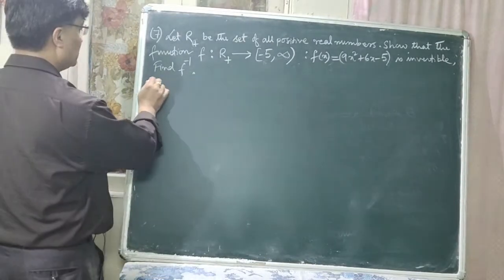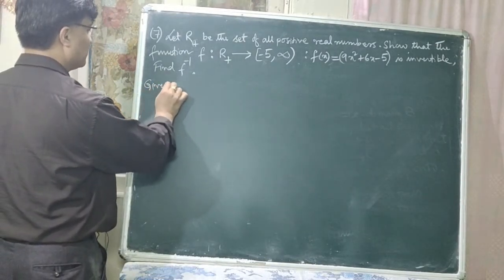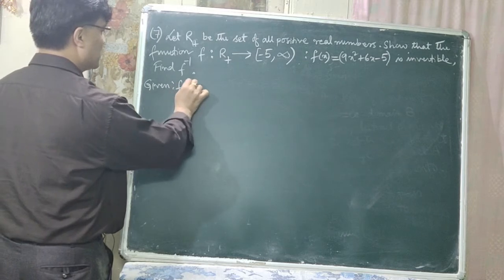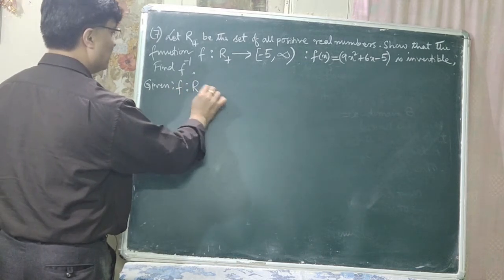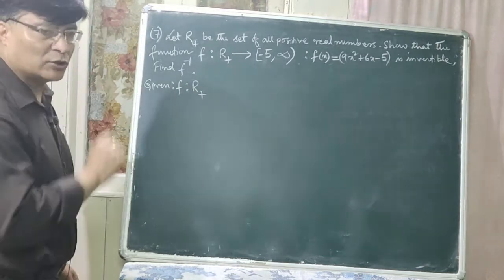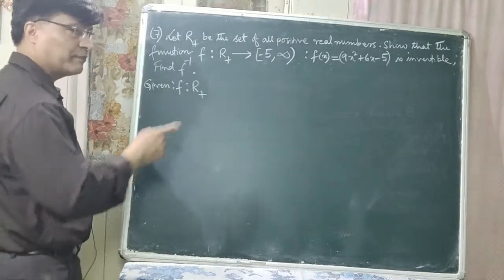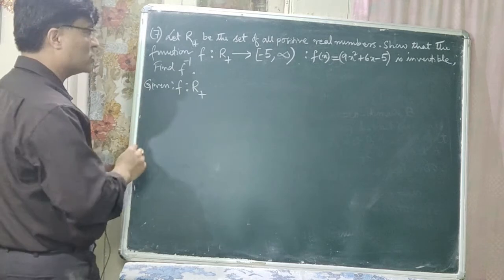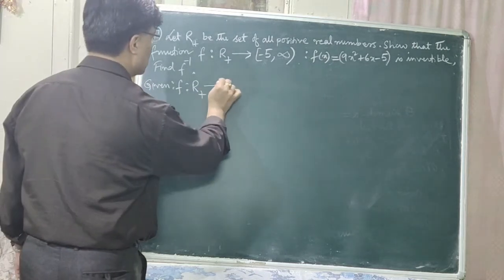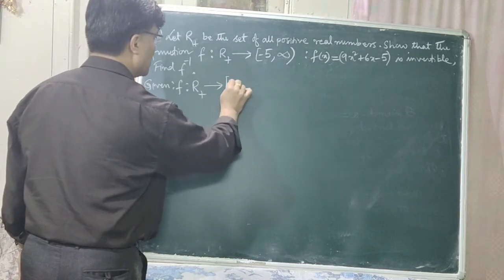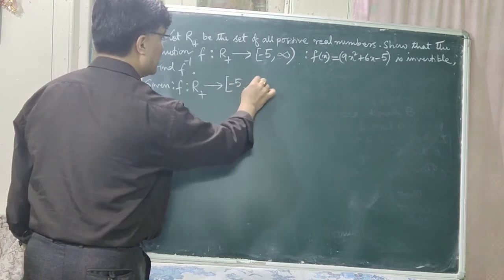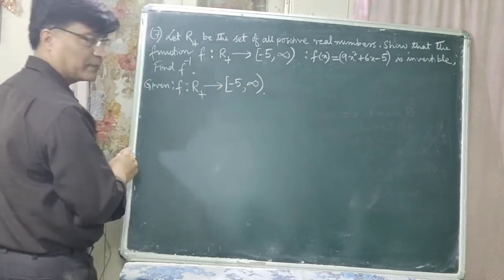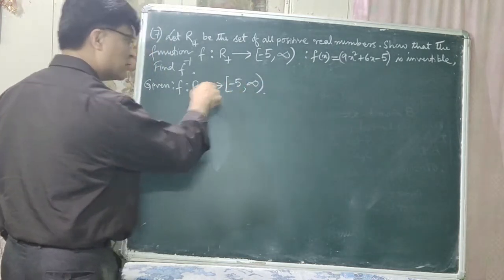Okay. So here f is given such that the domain is R plus, that is, x belongs to this domain R plus. X are all positive, right? So the codomain is minus 5 up to infinity. That means minus 5 is also included here.